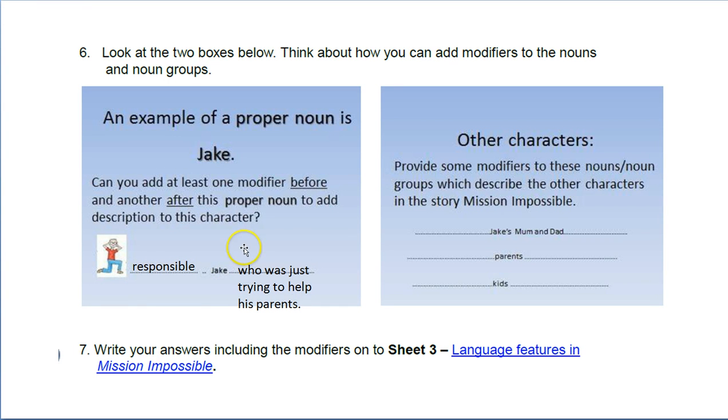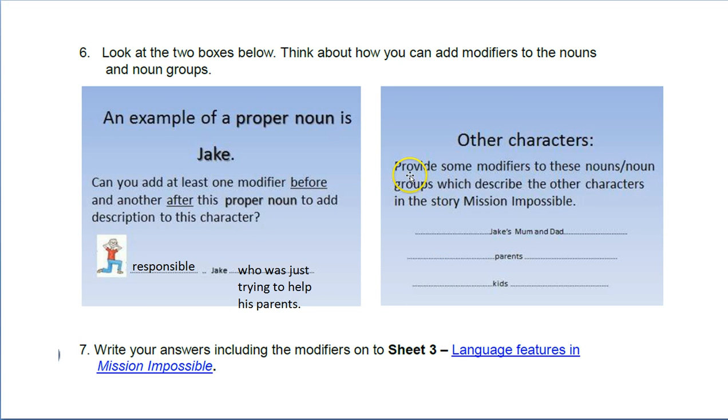So responsible, and then this shows why he was responsible. Perhaps you might use funny Jake, who tried to make the kids laugh and have a good holiday. You just need to come up with something.